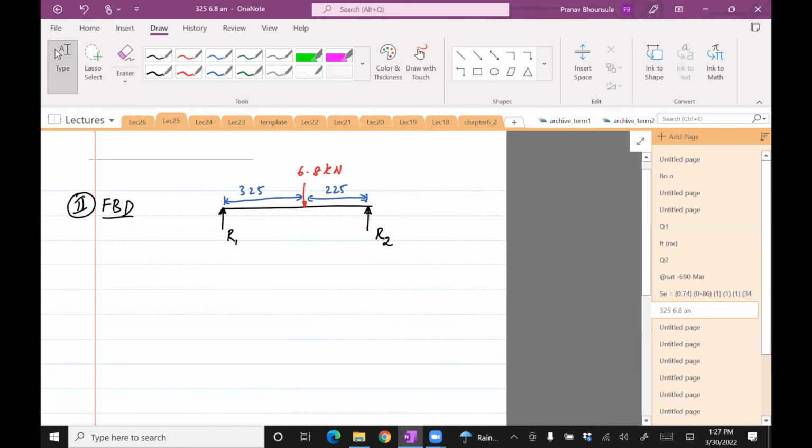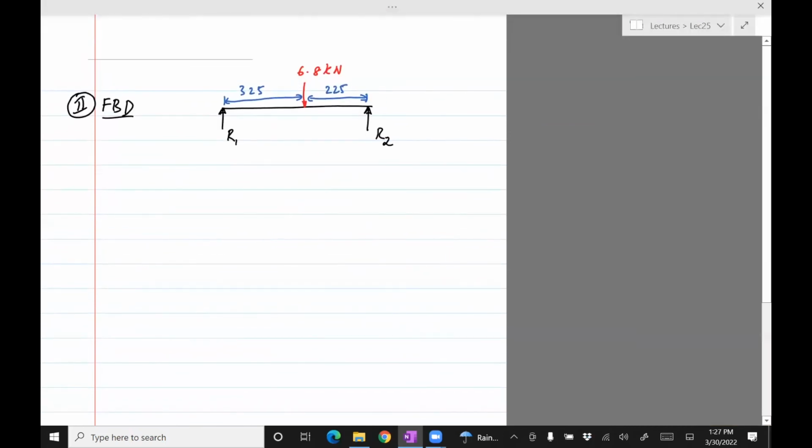Okay, now let me just skip computing R1, R2, but you know how to do it. It's just summation of forces in the y direction and taking the moments about any point and equating them to 0. So I'll skip that, but I'll give you the values for R1 and R2.